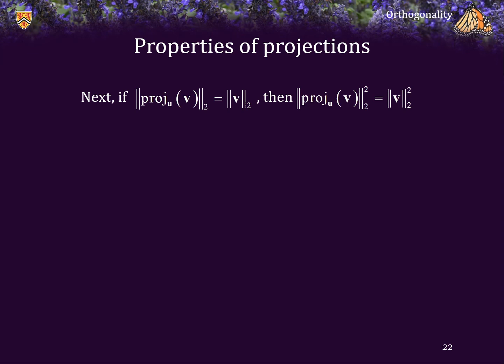Assume that these two norms are equal. Well, if these 2 norms are equal, then the squares of each of these are equal.